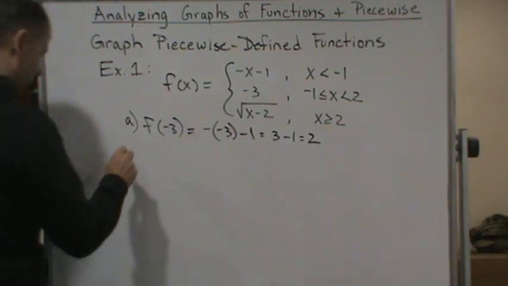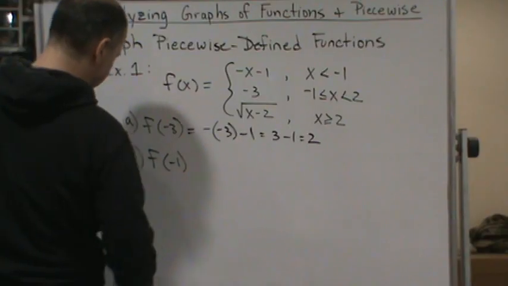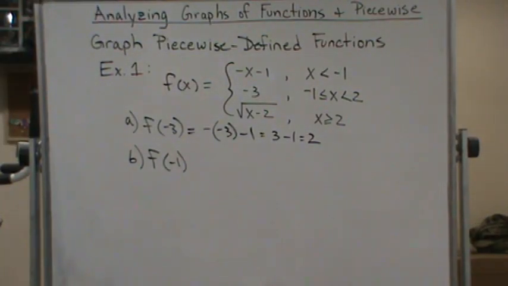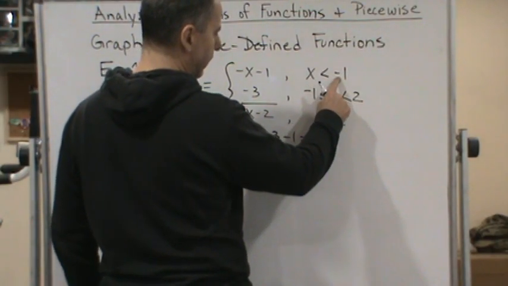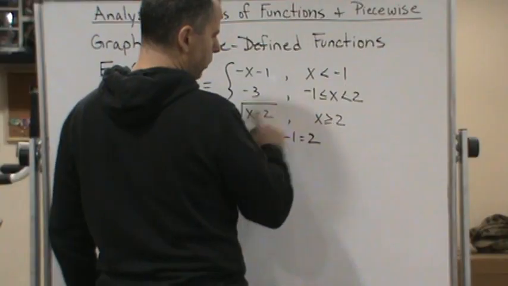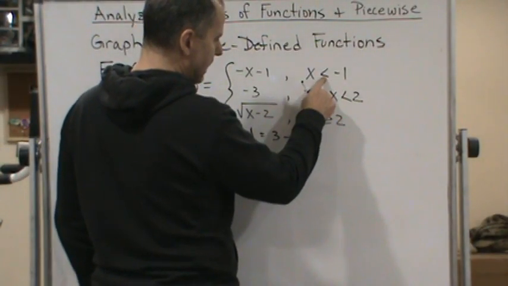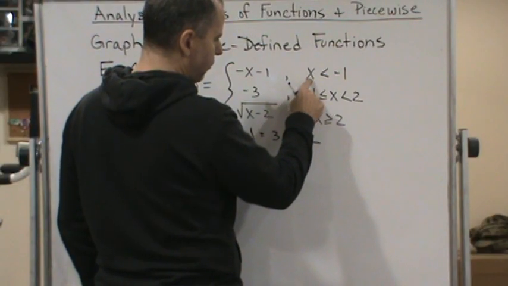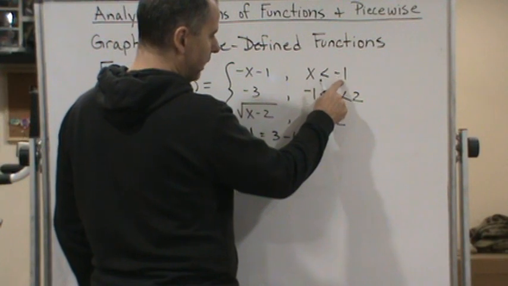Now, B says we want f of -1. Where does -1 fall? Does it fall in here? Because I see -1 here, but I also see -1 here. Which interval does it fall into? Well, because this is less than, it means this is for all values that are less than -1, so it does not include -1.